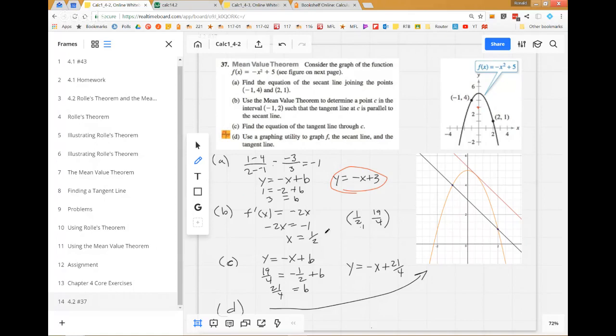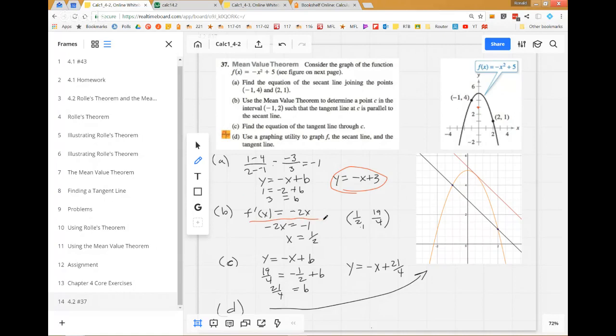Okay, good. B, use the mean value theorem to determine a point C on the original function so that it has the same slope as that one. Okay, so take the function -x squared plus 5. What's its derivative?